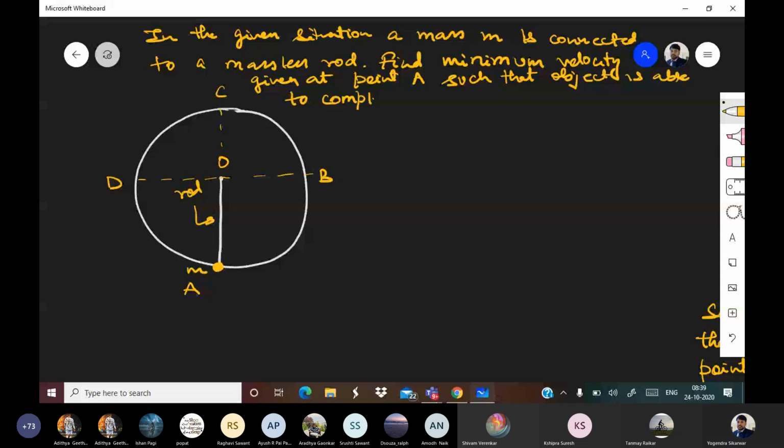Please find, everyone, how much should be the velocity given at the lowest point A. Please find.